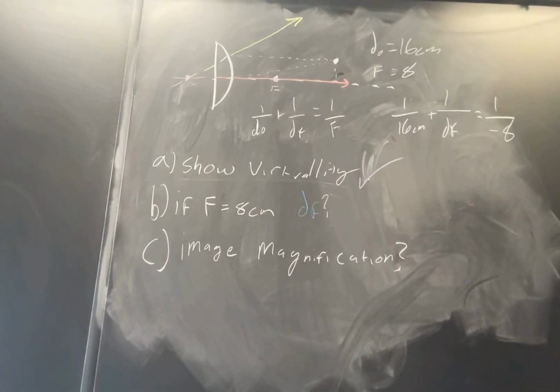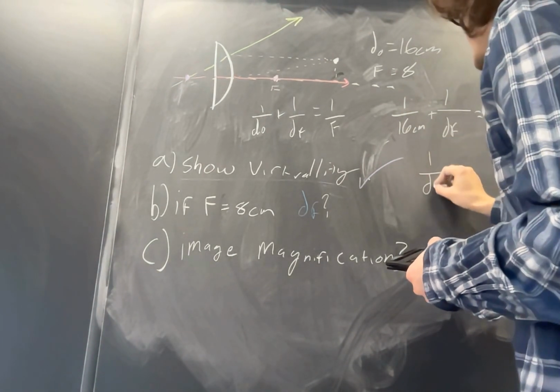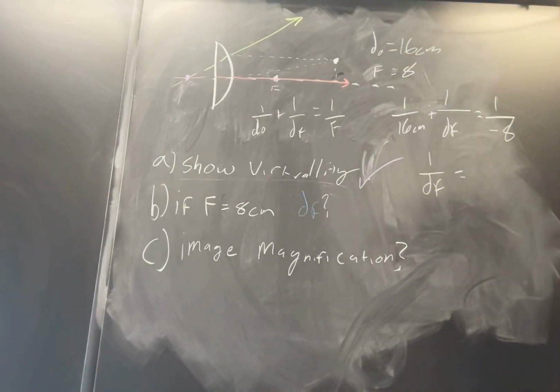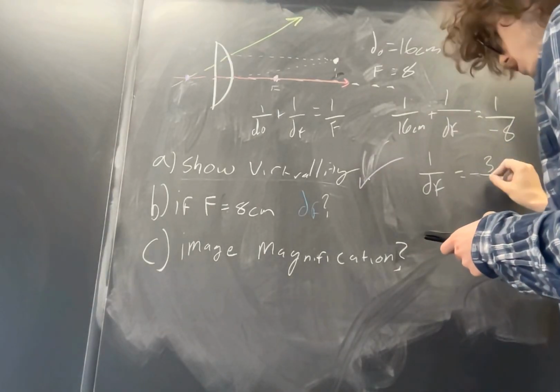Now what we have to do to find where the virtual image is, is solve this problem. 1 over d f is going to be equal, in this case, to 1 over -8 minus 1 over 16. And when we do that, we find it to be -3 over 16.